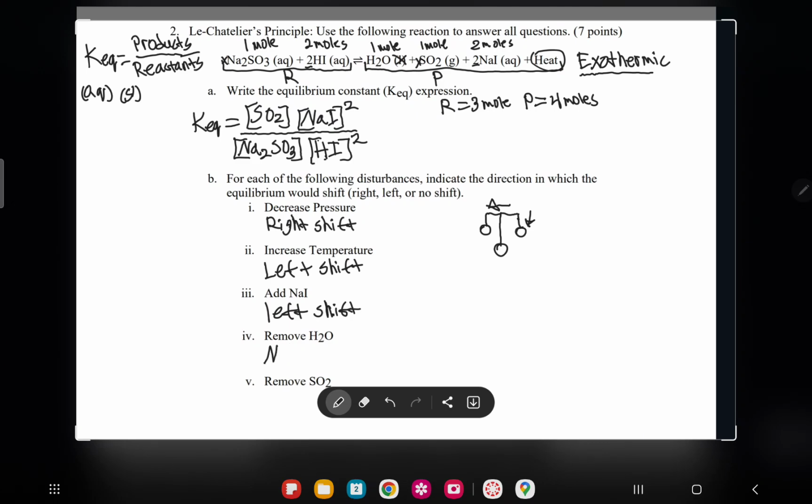So this will have no shift. Now if we remove the SO2, we now have more on the left side, so we will be shifting to the right in this case. So this will be a right shift.